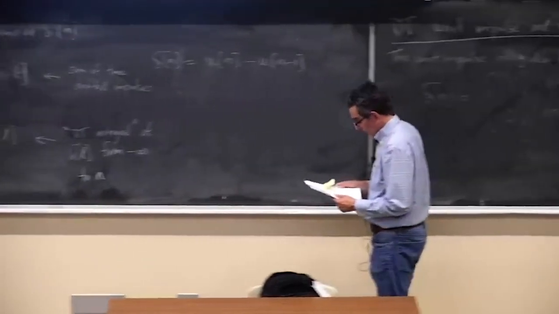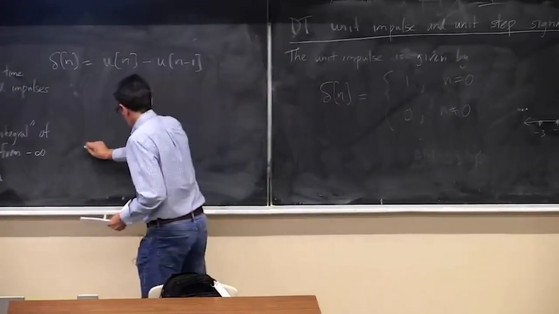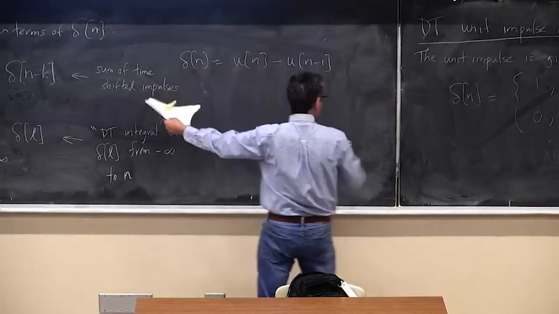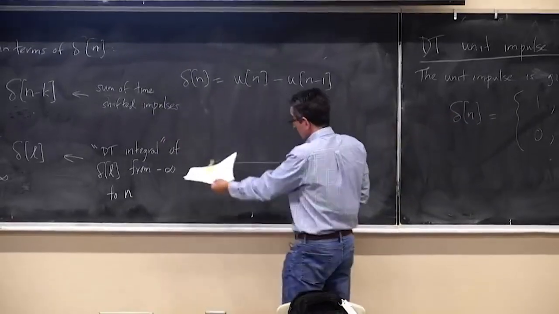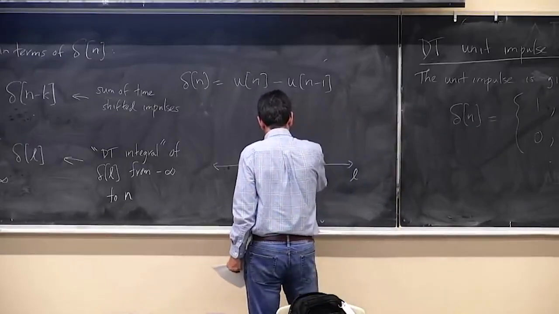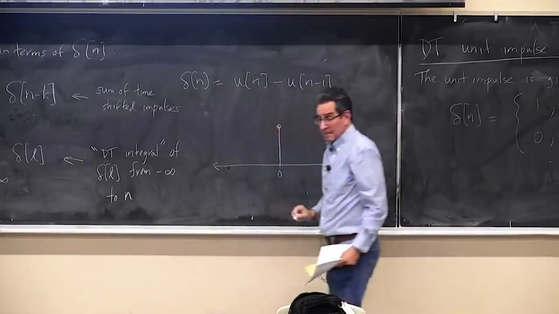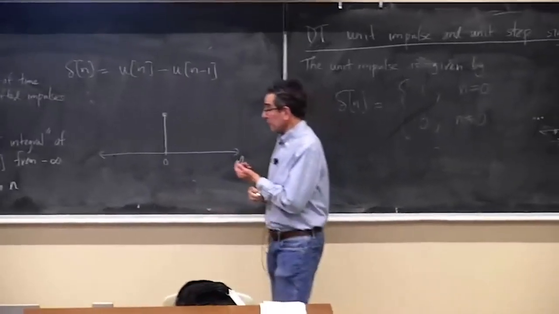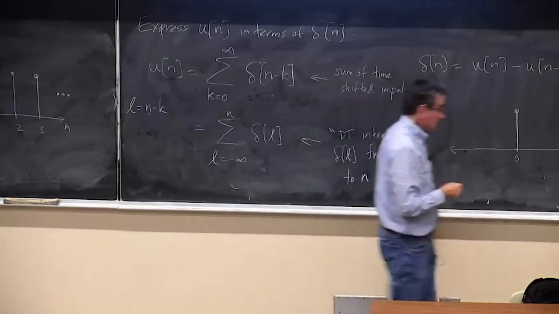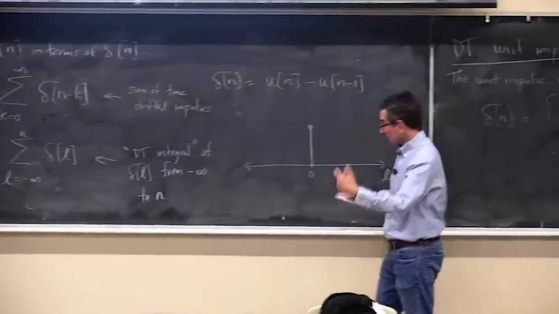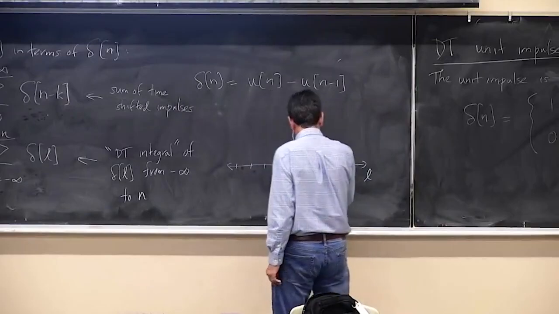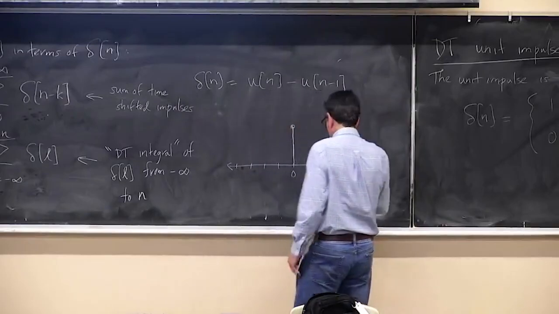So let me try to help you visualize that. This thing is easy to visualize, the sum of time-shifted impulses. This one you have to think about a little bit. Let's look at the L-axis. Here's my impulse. And now what it tells me, if I want to figure out the value of the unit step at time n, is I should take the sum from minus infinity up to n.